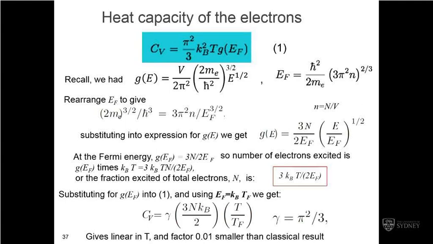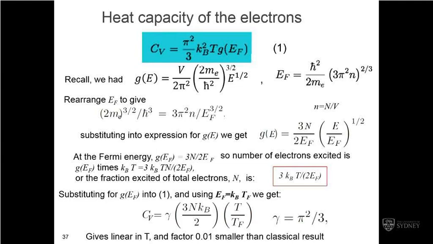Now we need g at the Fermi level. We've got a nice expression for g now, so we just substitute for E the value of E at the Fermi level. Basically all you need to do is put this to an E_F. E_F divided by E_F is just 1.